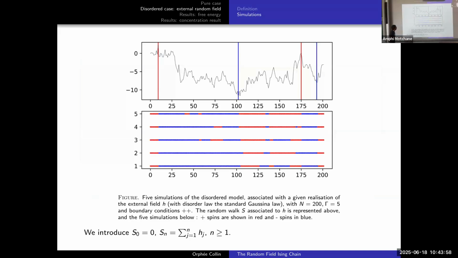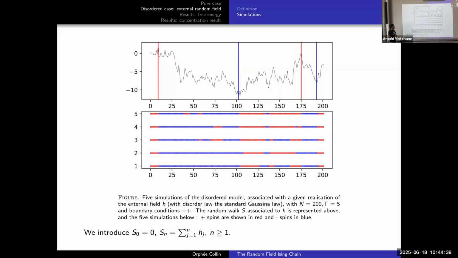So here is a simulation. I took gamma equals 5 and plus boundary conditions. The red is for plus and the blue is for minus. And above, you can see I represented the environment, the sequence H, by representing the random walk which is associated to H. Here gamma is not very large because it's difficult to simulate this model.